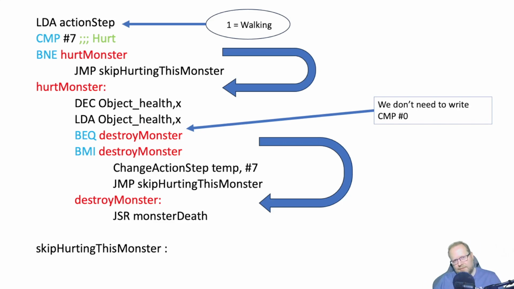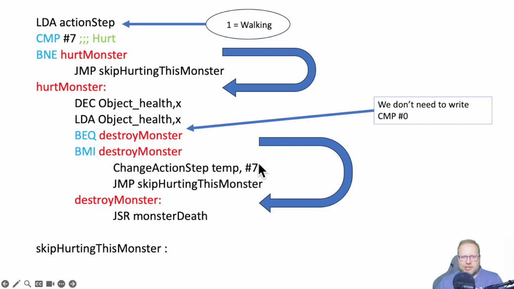And that's a negative number. So, like I said, I don't want to go too deep into this, but that's why we have this. So, if this is what we call a negative number, then we're also going to branch down here. But if it's not 0, and if it's not a negative number, then we just continue on.